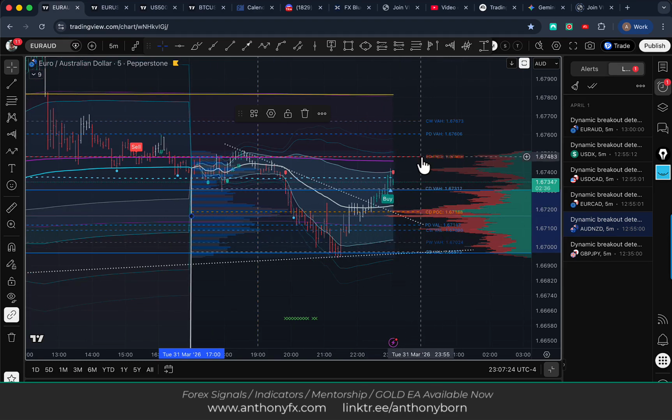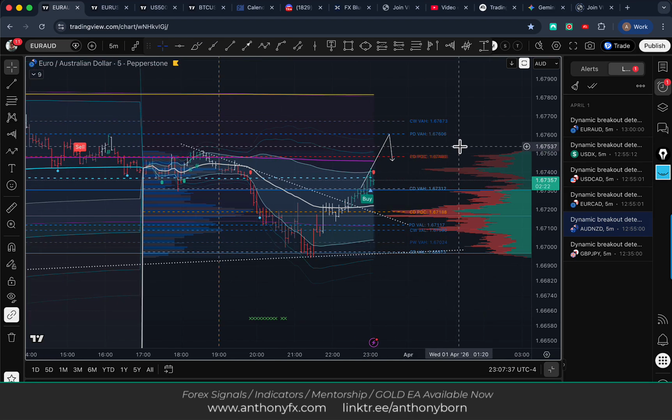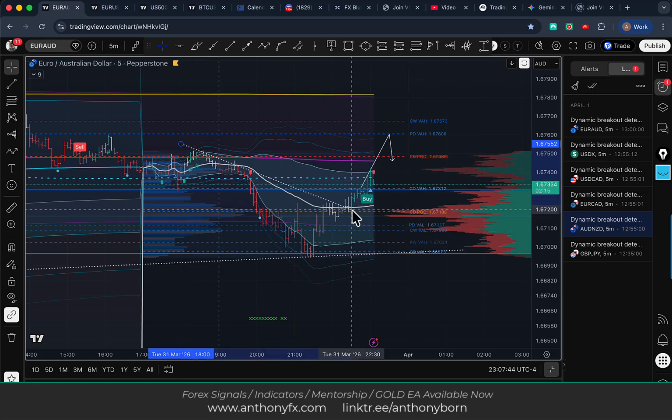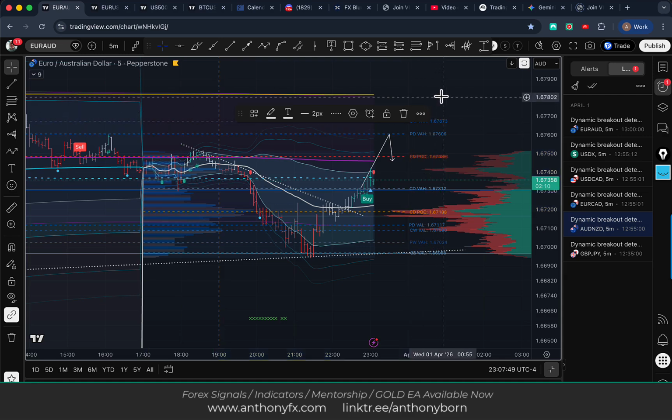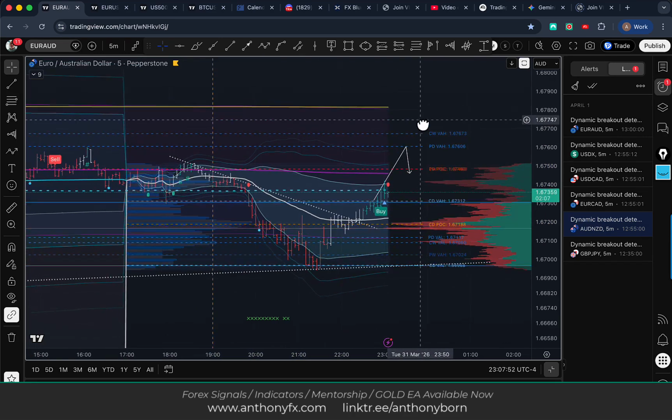I don't mind it, but I would like to see it break above the previous, the red cluster on POC, just to make me feel like we've got some momentum behind that. So what it's giving us, this trend here, this trend breakout, downtrend, breaks out. That's always what we're looking for.